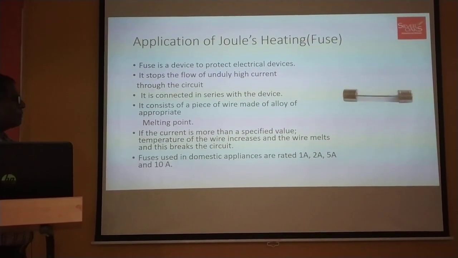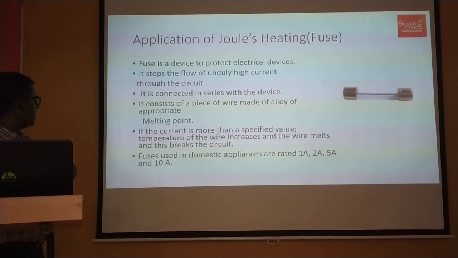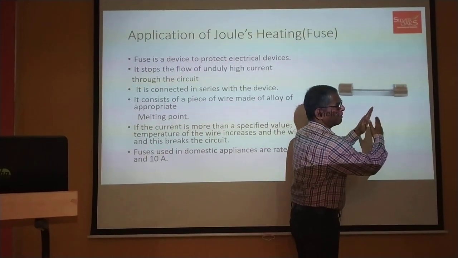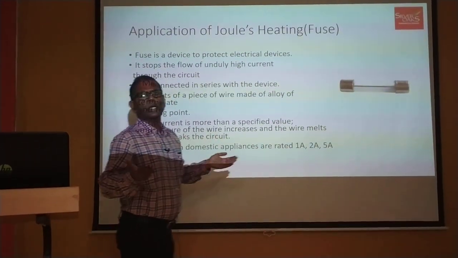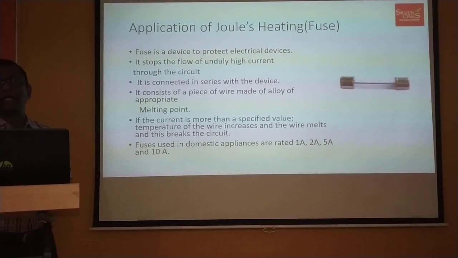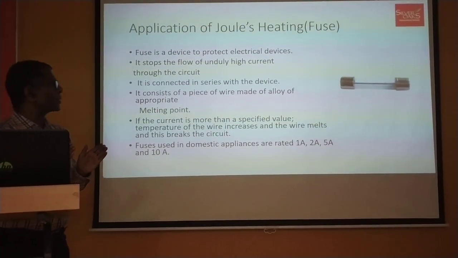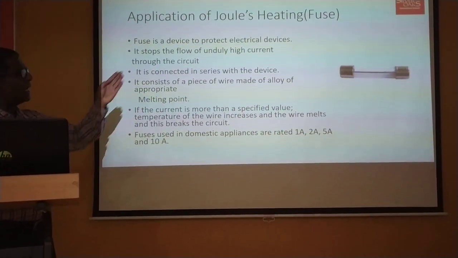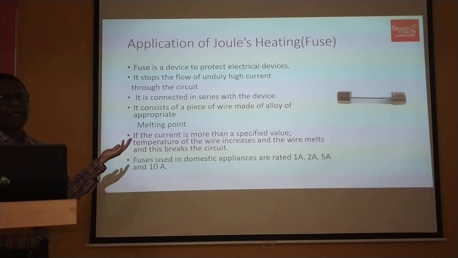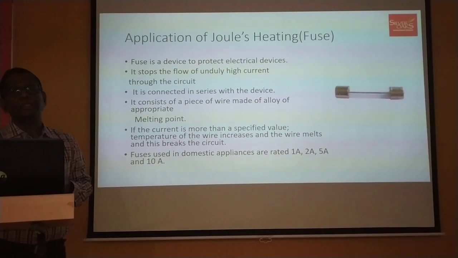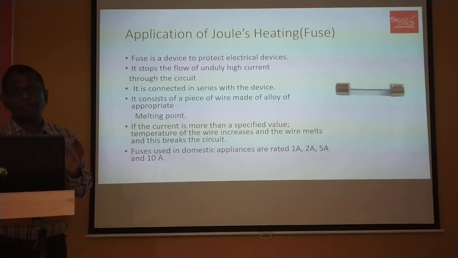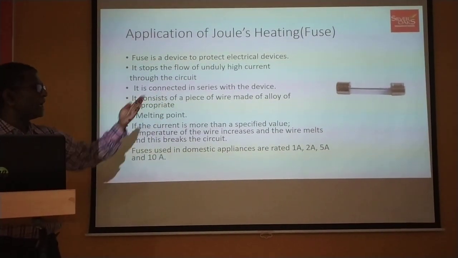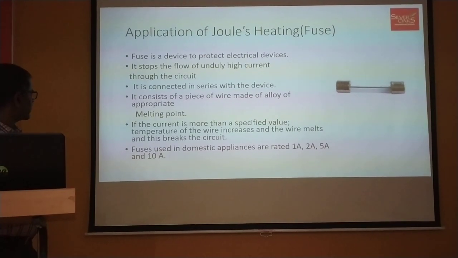That means the temperature of the wire increases, and this wire melts, and once this melts, it will break the circuit, and once the circuit is broken, your expensive appliances or devices are protected. The cost of a fuse may be 15 rupees or 20 rupees, but the cost of a device or appliance will be thousands of rupees. So it's a very useful device which is based on Joule's heating.